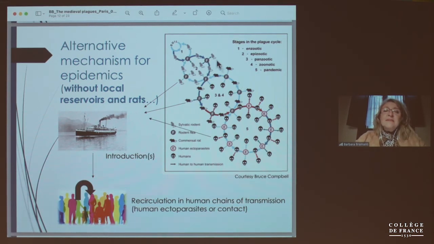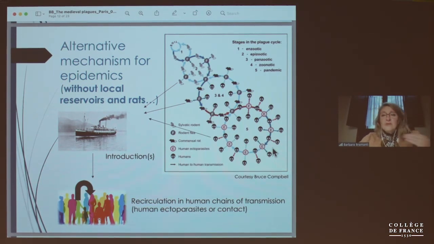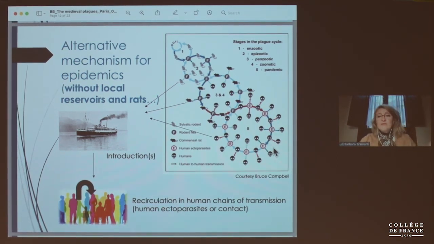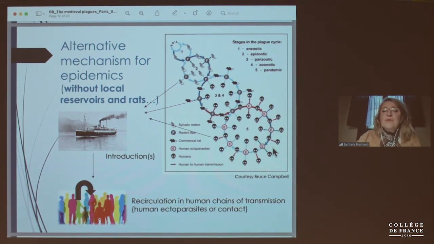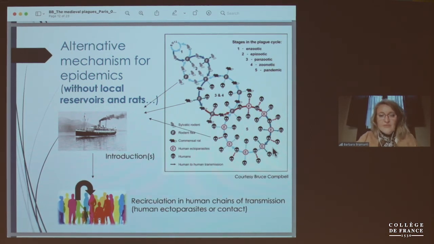Consider that the previous model that we have seen can now be expanded to consider also the last circle with the transmission due to human ectoparasites or to contact from human, let's say, human chains of transmission.